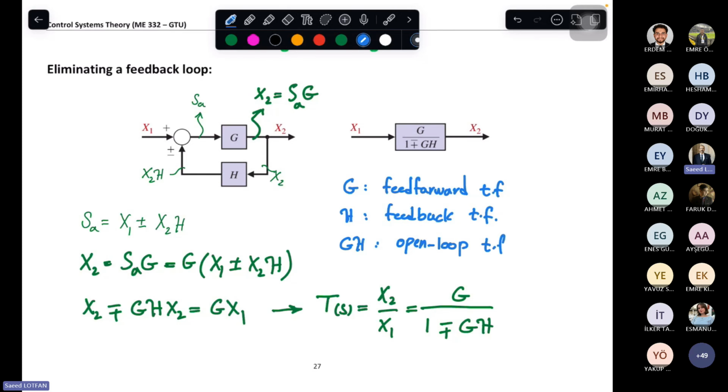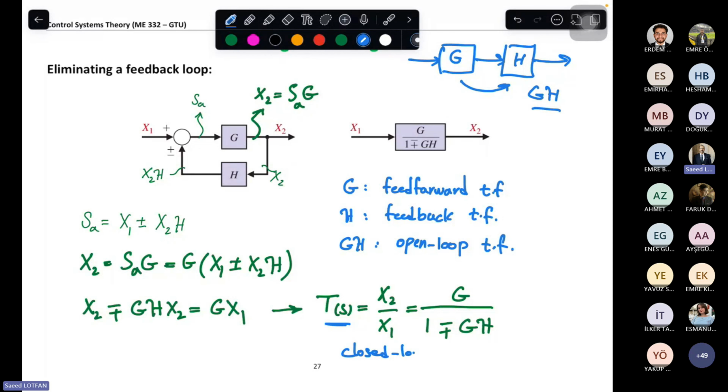It's like you open this loop. If you open this loop, you will have GH, something like this, and this is a cascade. GH is the multiplication, the transfer function. And this T(s) is called the closed loop transfer function.